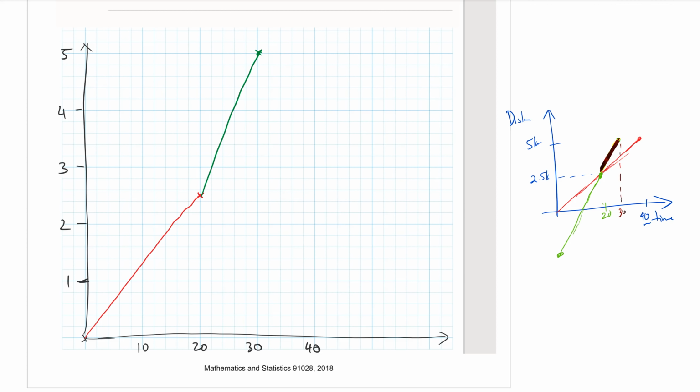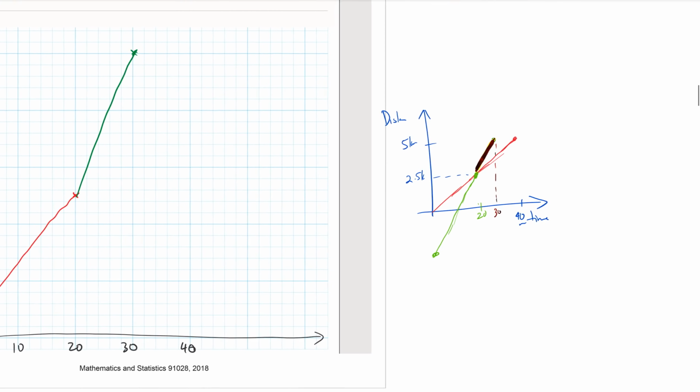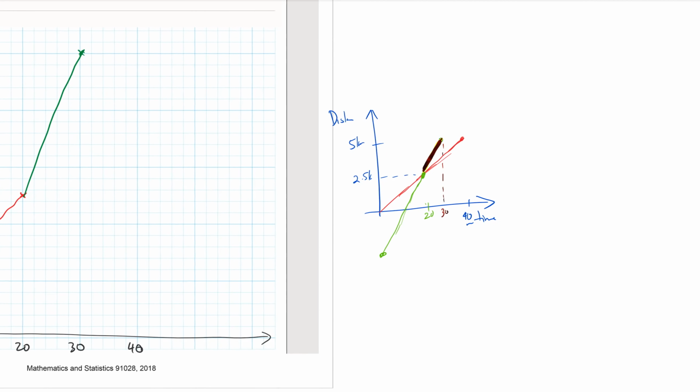So we look at what her speed currently is, when they're going together. They meet at 20 minutes and 2.5 Ks, and then they finish off the journey at 30 minutes and 5 kilometers.